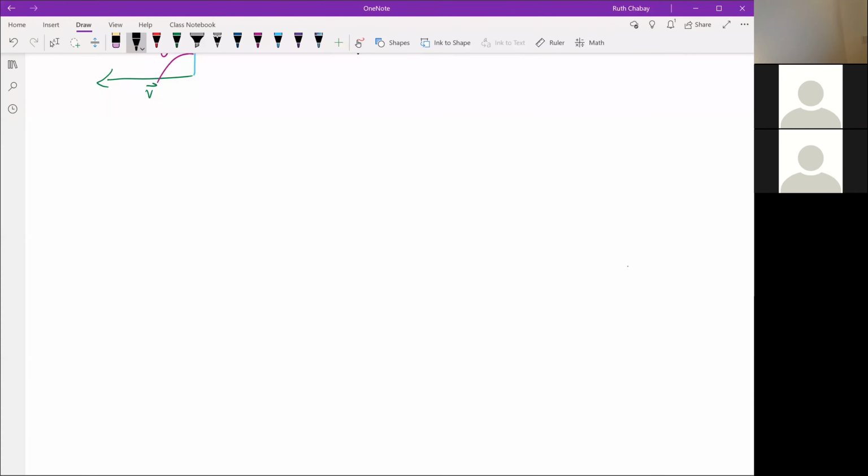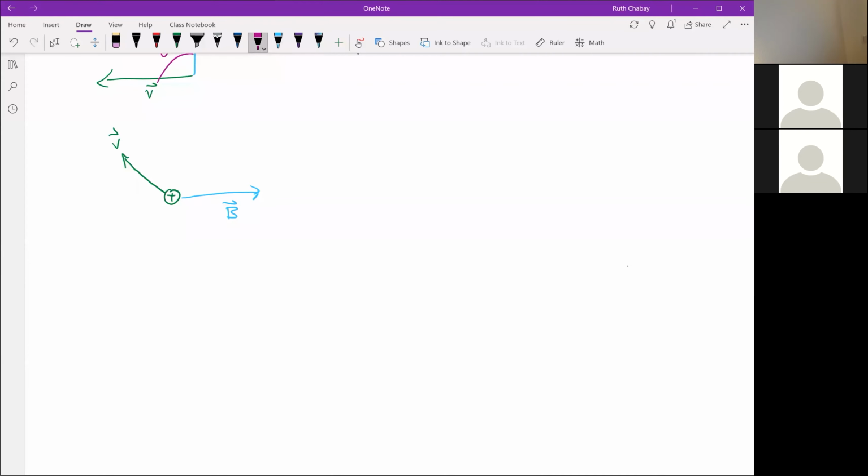So let's go back to the first situation where we had a proton whose velocity would look kind of like that, and we had a magnetic field in that direction.